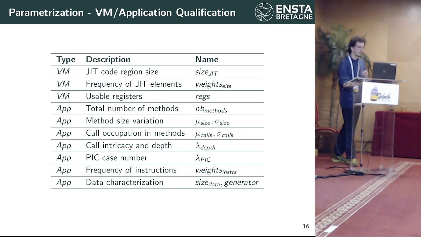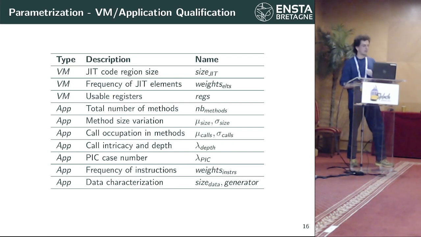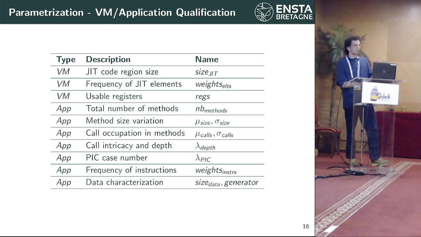Then for the application, we have the number of methods, the difference we might want to inject in the method size variation, the call occupation, and one I think is interesting, the frequency of instructions. So if we want a binary that's very memory intensive, we can change that.